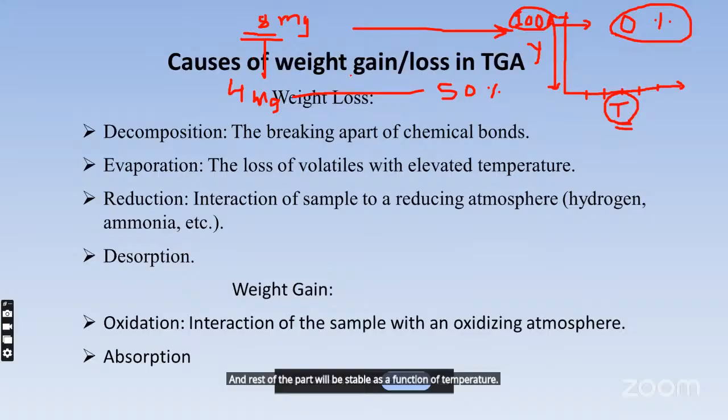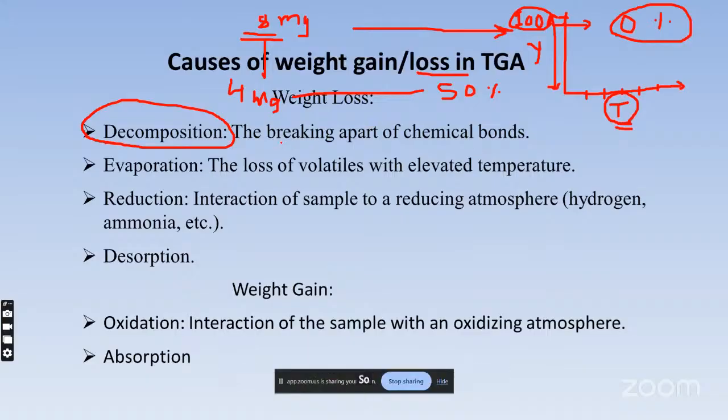So what do we study by using TGA? We study decomposition reactions. For example, if you take a compound that is hydrated, when you heat the sample, water molecules will be removed from the structure. We call it a dehydration process.